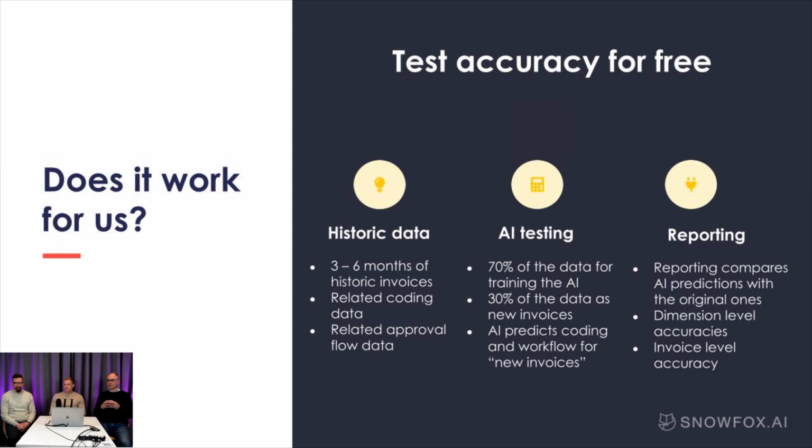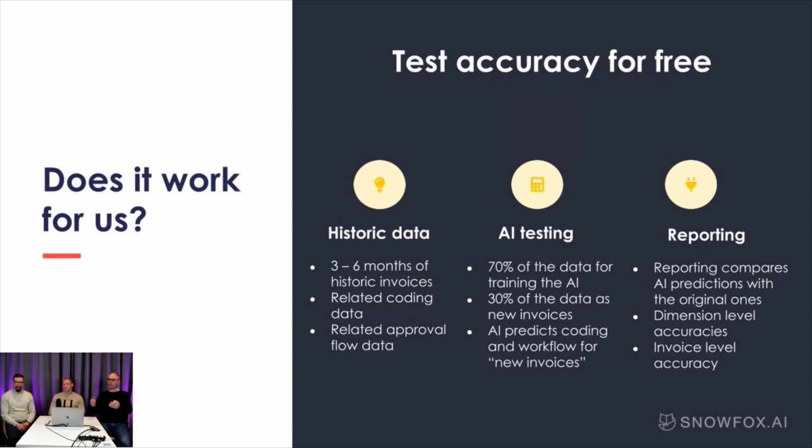70% of that data we use for training the AI. With the remaining 30%, we run those invoices as new invoices through the trained AI model. It gives predictions: coding predictions, posting predictions, and also routing predictions.